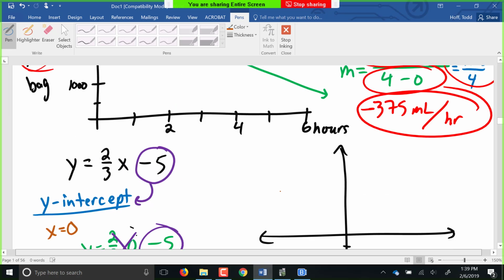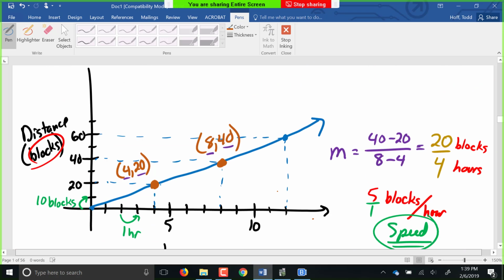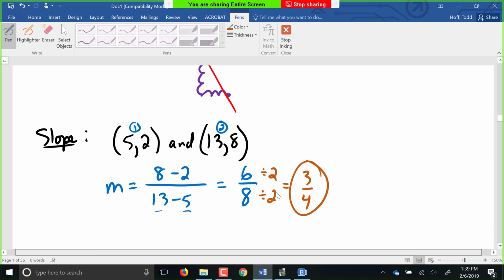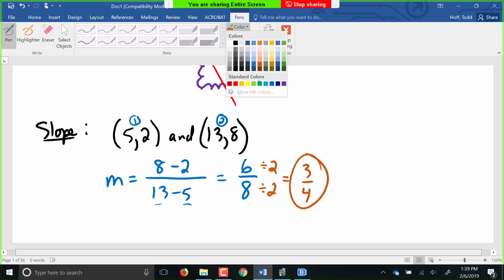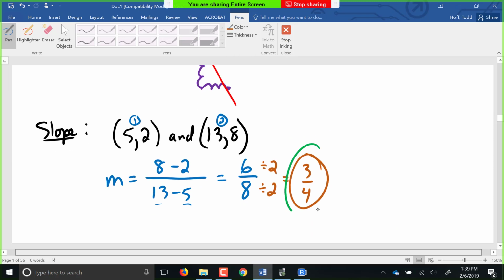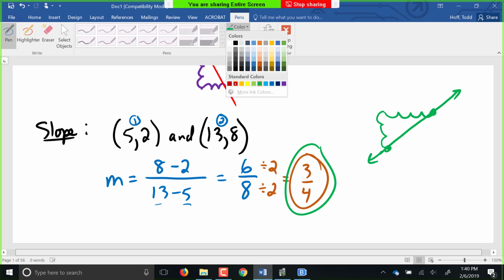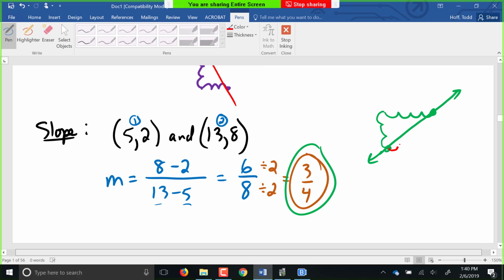So up here, when we found this slope here of 3/4, we can think of that as being from a starting point going up 1, 2, 3 units, then over 4. Or we could think of it as for every 1 unit over, we're going up 3/4.